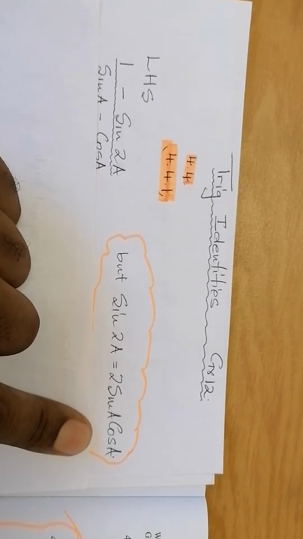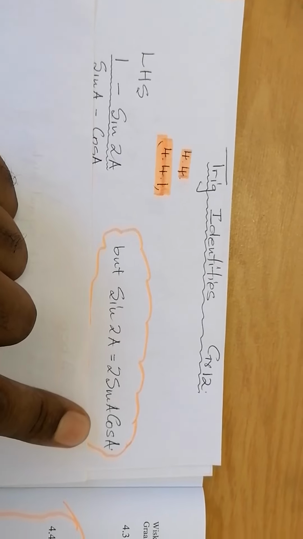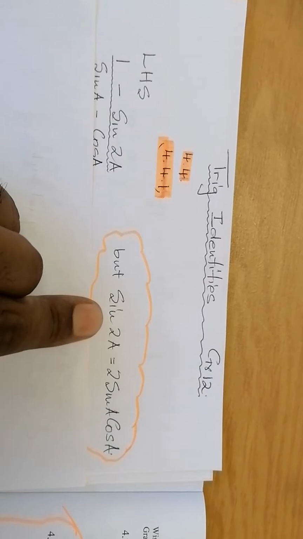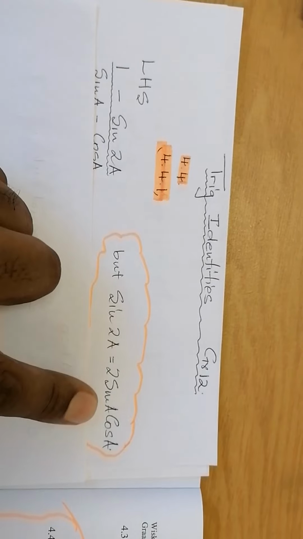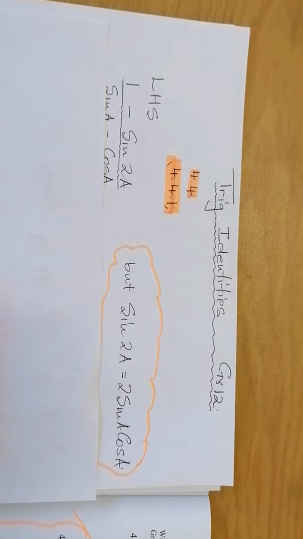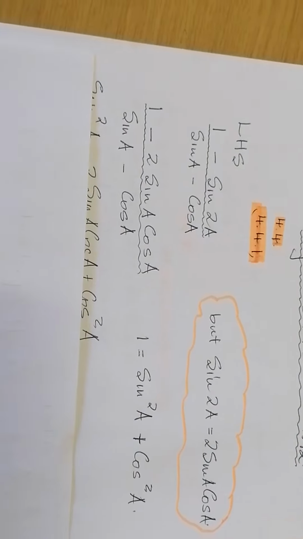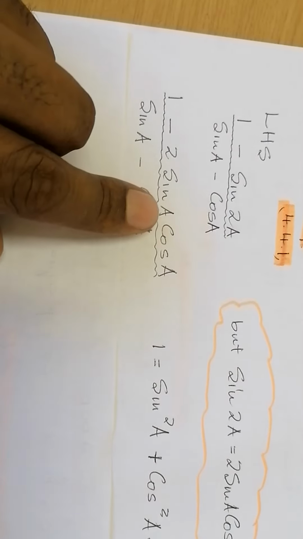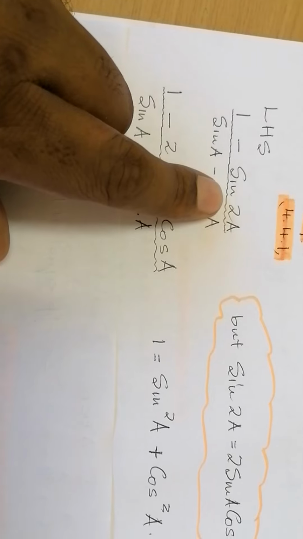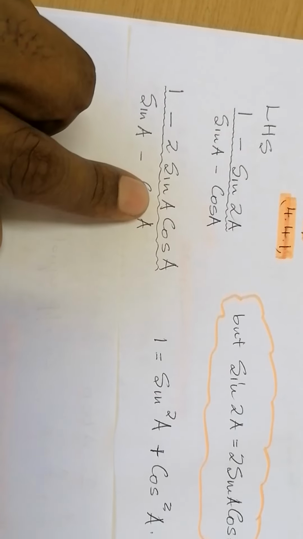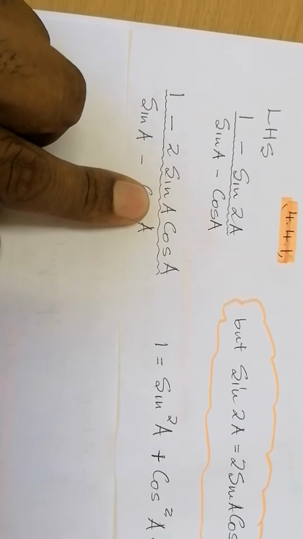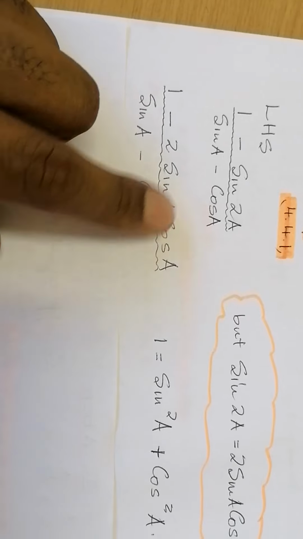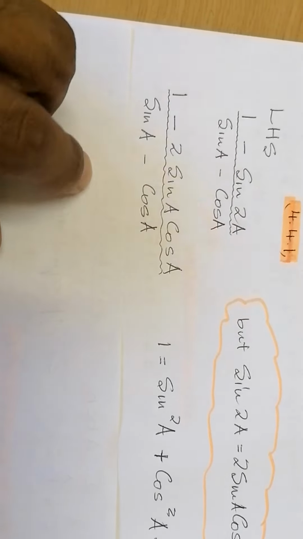It is the double angle identity. That means where I see this, I can substitute that. Moving on to the next step, I therefore substituted 2 sine a cos a in place of sine 2a, which is exactly the same as that.